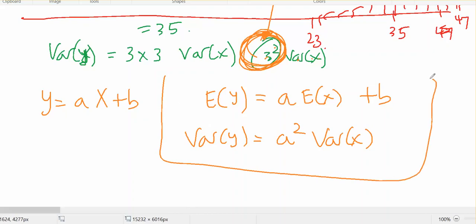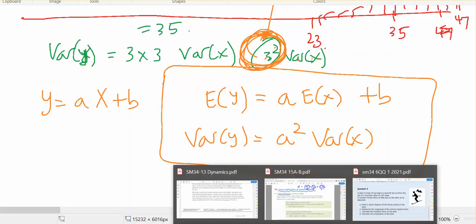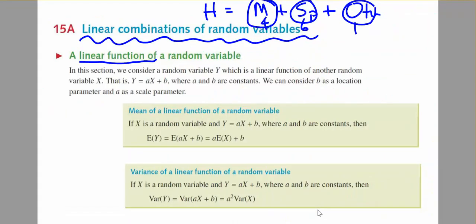And they're the main rules that we need to follow when dealing with a linear combination of variables. And that's exactly what this says and what this says.